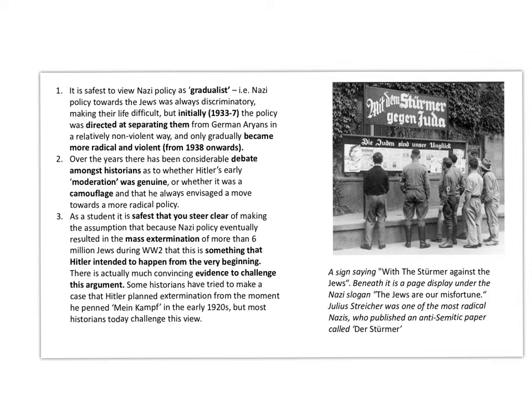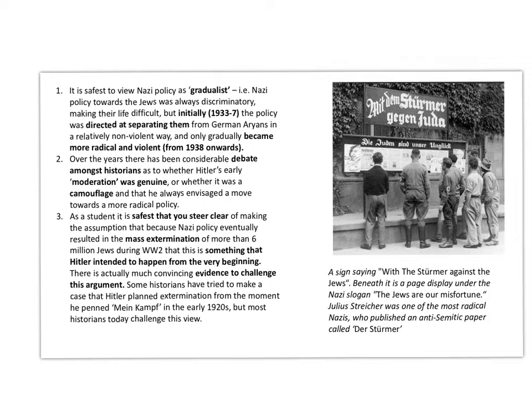And so an assumption therefore could be made that Hitler, right from the beginning, was all set on eventually murdering all the Jews of Europe. And that's what it was all about, that when he took power in 1933, he knew that he eventually wanted to murder the millions of Jews.